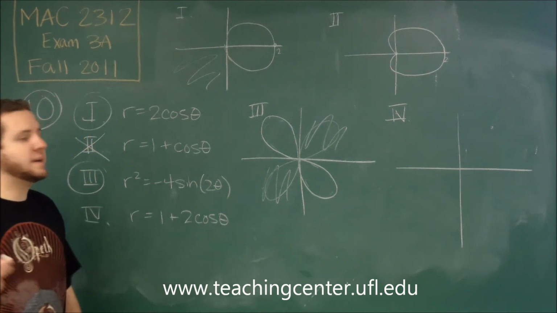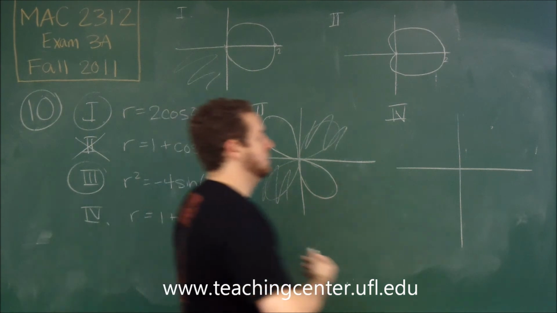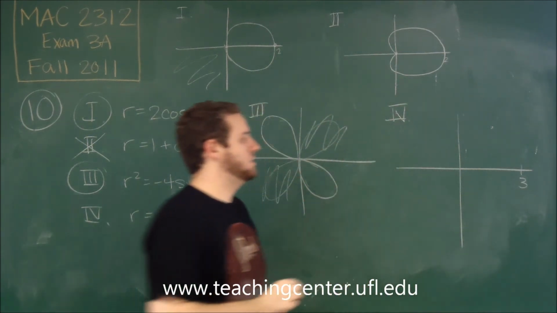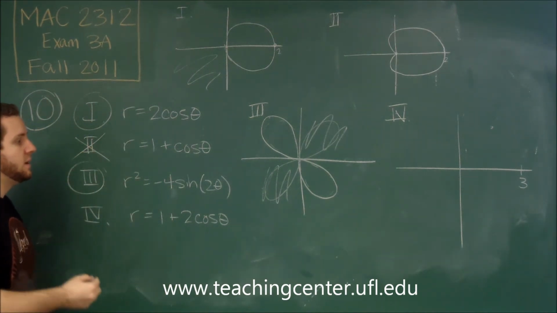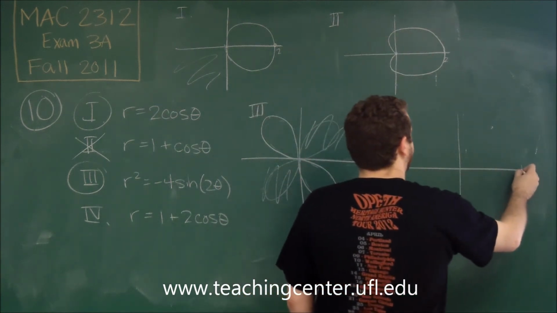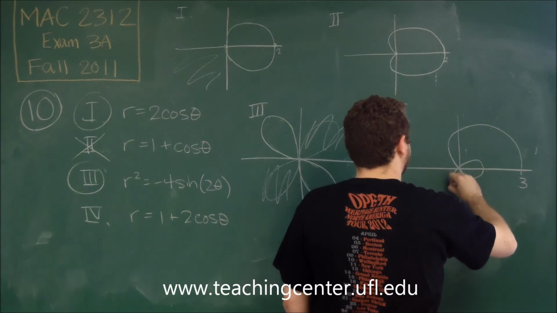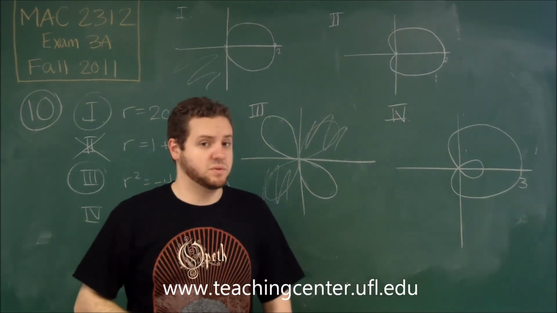And how big is the big side of the cardioid? That's the sum of those two numbers. That's 3. So 3 is the big side of the cardioid. And we're going to have to come in and it's going to have a loop. And the loop is going to be of size 1. So it's going to look something like that if that was more symmetric.